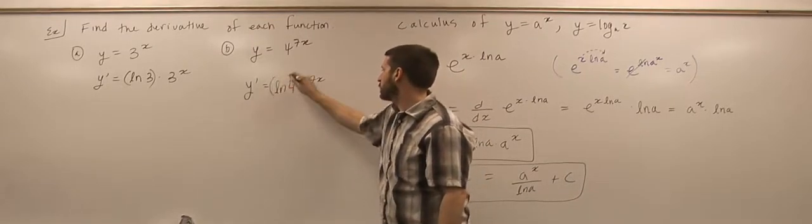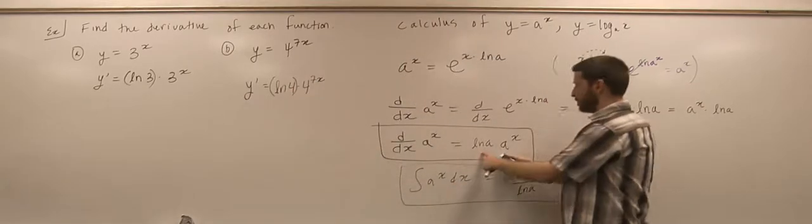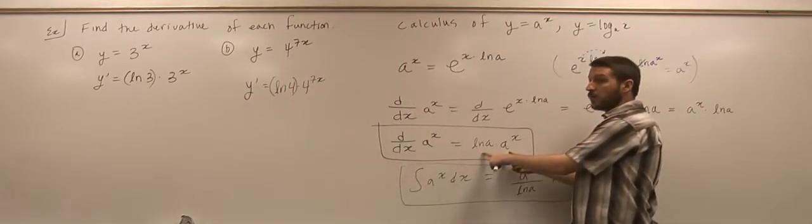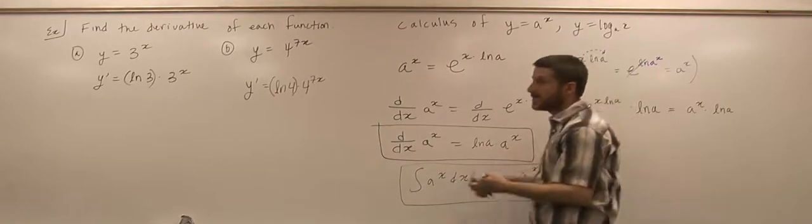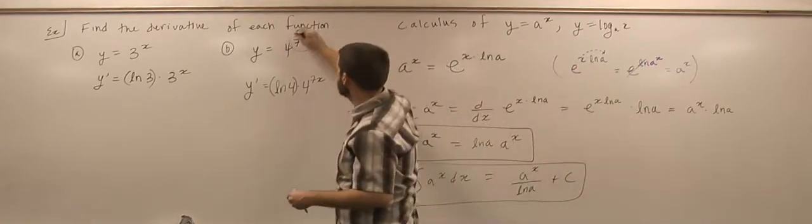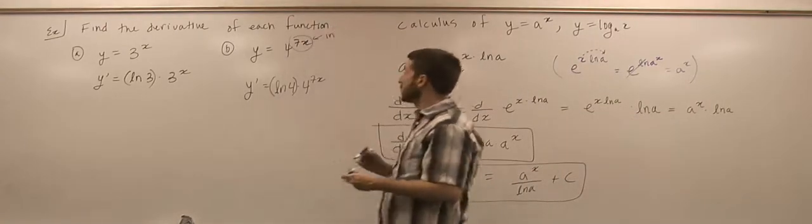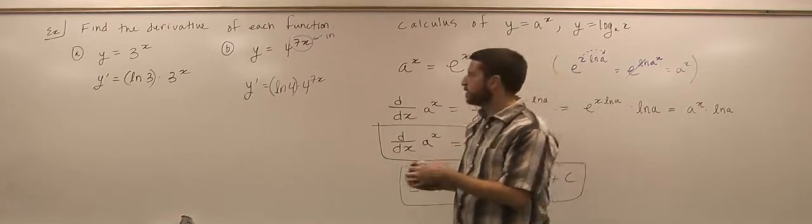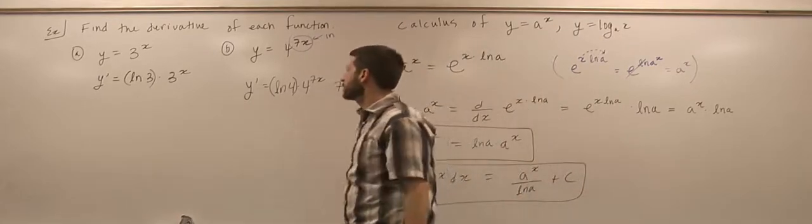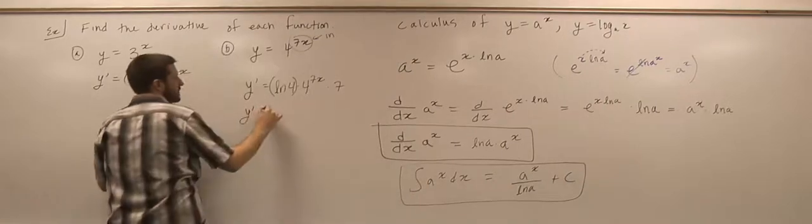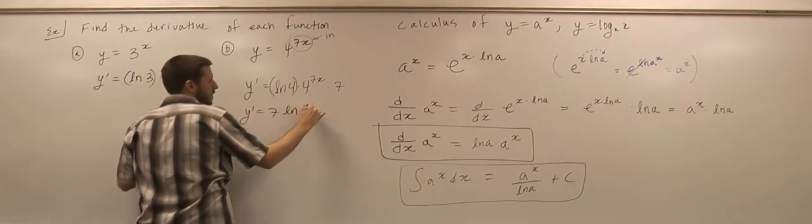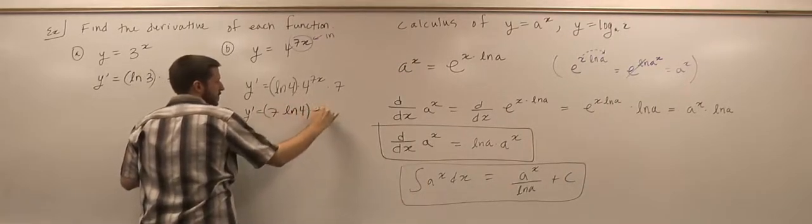That's applying this rule. But you also have a chain rule to apply, because the inside function is not just x, it's 7x. So then you multiply by 7. So y prime is 7 ln 4 times 4 to the 7x.